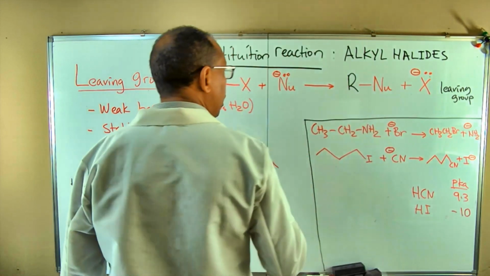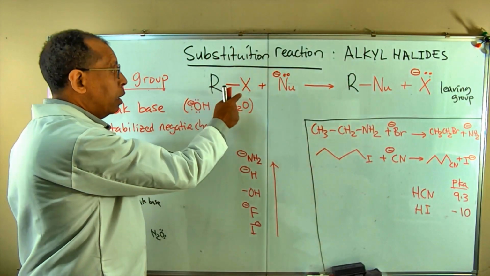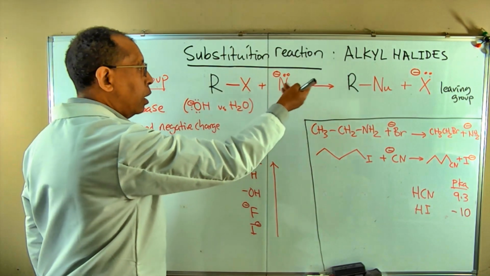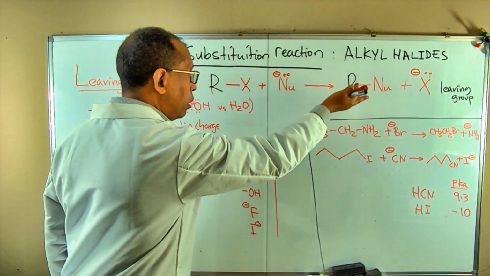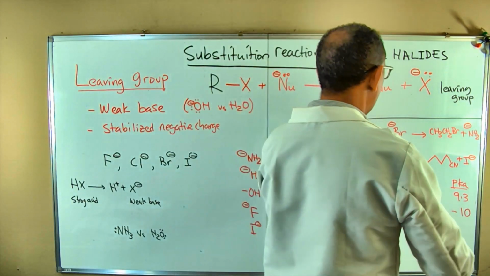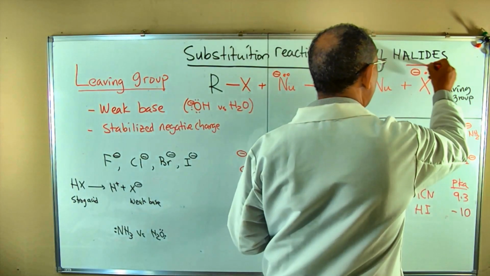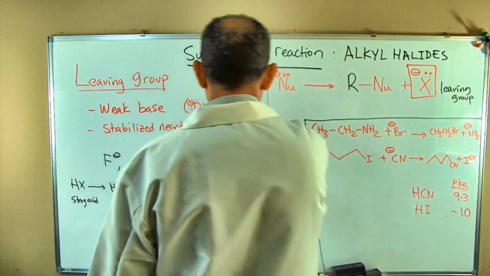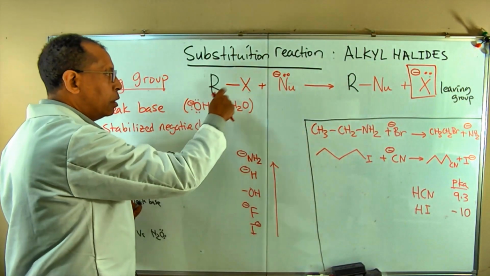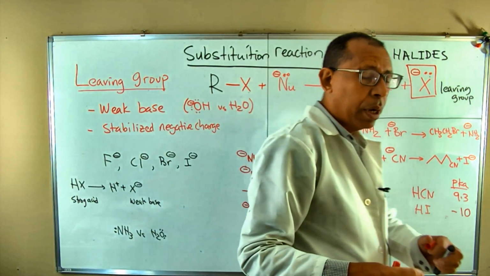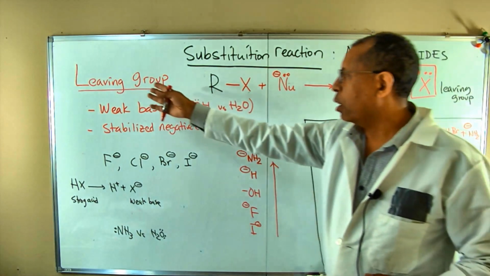As I already mentioned, the alkyl halide would be attacked by a nucleophile. The R-nucleophile new bond is formed, but here there is an important counterpart, the leaving group. So what is the leaving group that makes this alkyl halide nucleophilic substitution reaction go much easier? What's a good leaving group?